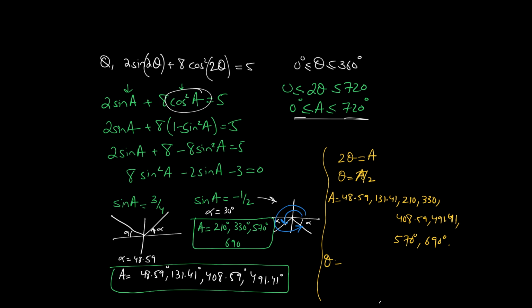48.59 divided by 2 is 24.3, correct to one decimal place. 131.41 divided by 2 is 65.7. 210 divided by 2 is 105 degrees. 330 divided by 2 is 165 degrees. And similarly for the rest of the angles, I'll just quickly divide them.